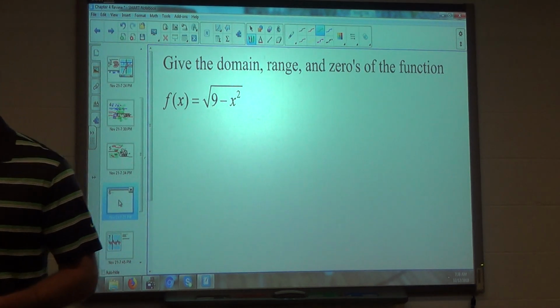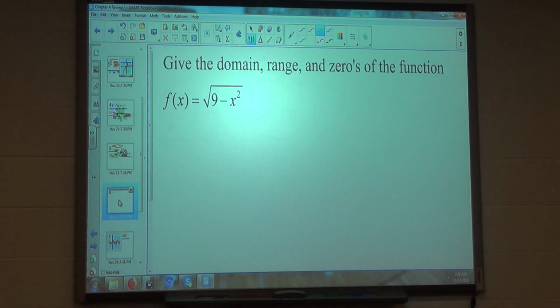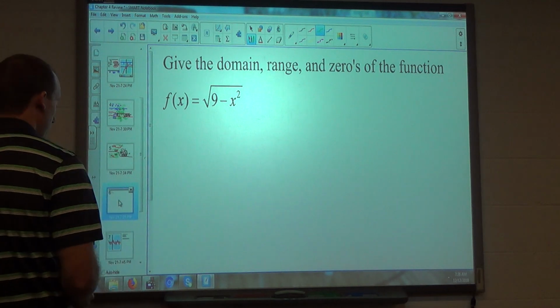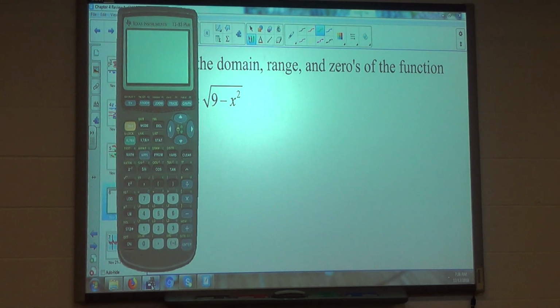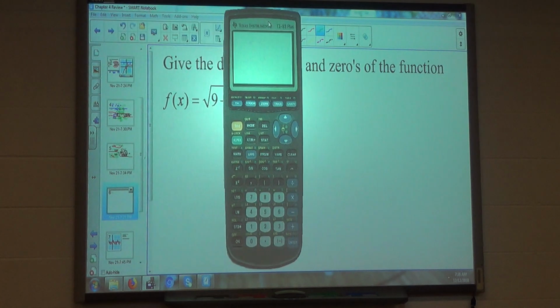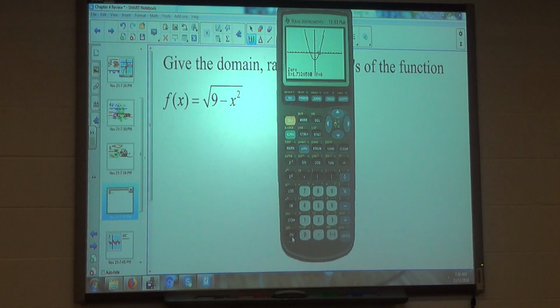Alright, next question here says, give the domain, the range, and the zeros of the function. And there's only one way for me to find them, is I have to plug in my calculator. Okay, so in my calculator, let's type that in. So go to y equals. Okay, clear out whatever we have in here.